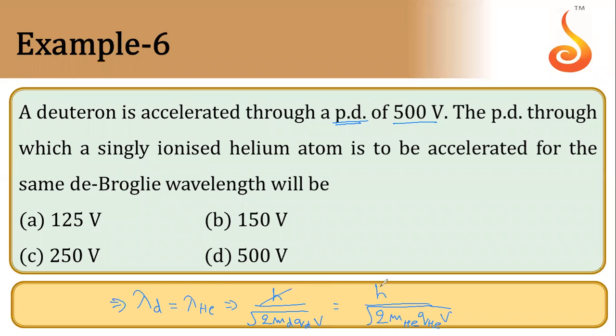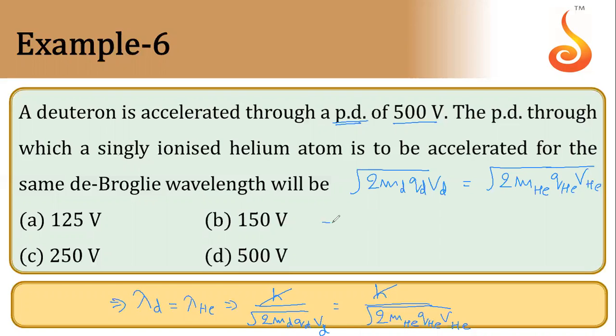From this equation h will get cancelled, so you will get root 2 mass of deuteron, charge of deuteron into potential difference. Let's say this potential difference is Vd and this is potential difference VHe. VHe is the potential difference through which helium is being accelerated and Vd is the potential difference through which deuteron is being accelerated, equal to root 2 mass of helium, charge of helium into VHe.